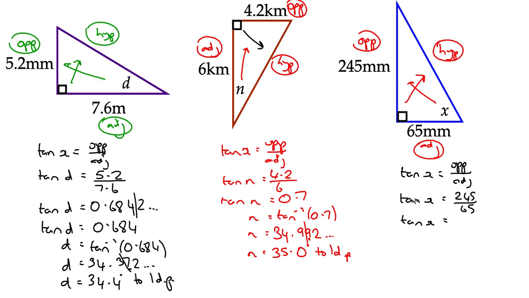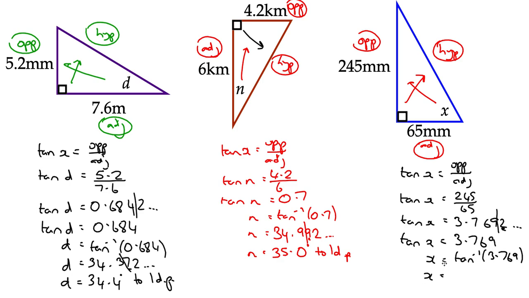245 divided by 65 is 3.7692. If I cut it after 3 decimal places, the 2 tells me to round down. So I've got 3.769, which means that x is the inverse tan of 3.769.